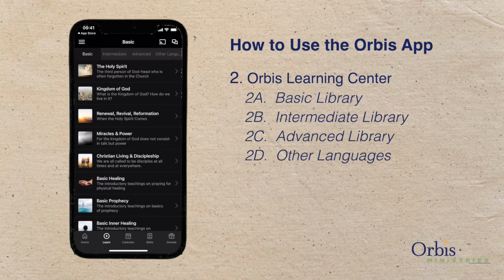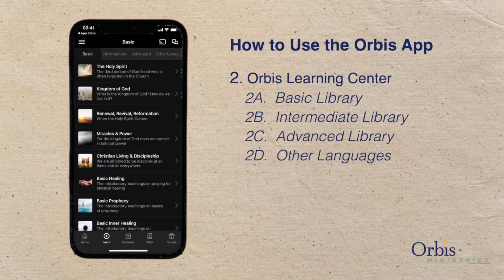That is now freely available to the community via the Orbis Ministries app because of the Pay It Forward initiative and all of our Pay It Forward donors who have made it possible for us to bring the content to you freely. So thank you to all of our PIF donors. We could not be doing this without you.